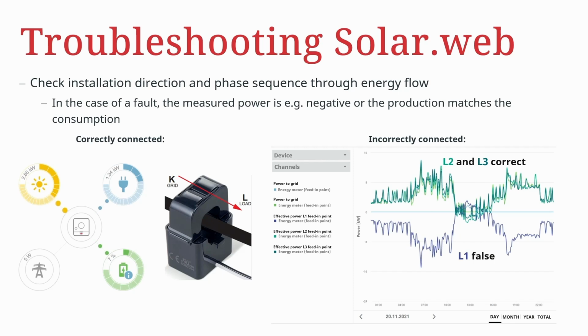This is why we have a negative production in the graph for the L1 phase. This is a classic error, let's call it that: the CT V has not been installed correctly. The letters K and L have maybe been turned around. Therefore we have a negative production in our SolarWeb.